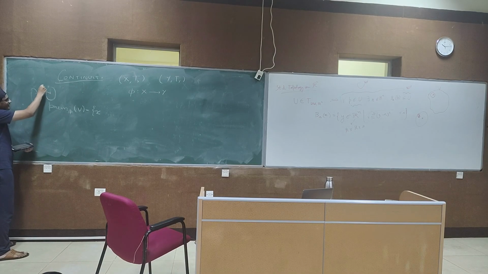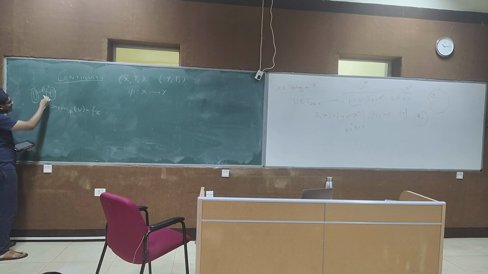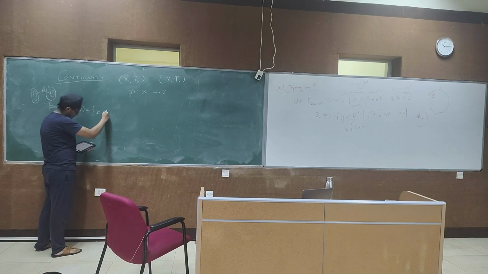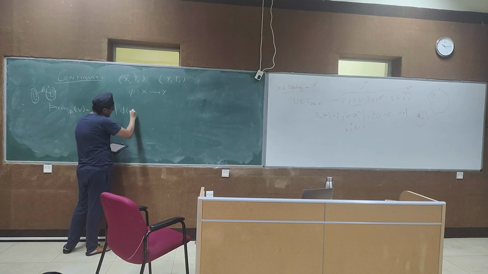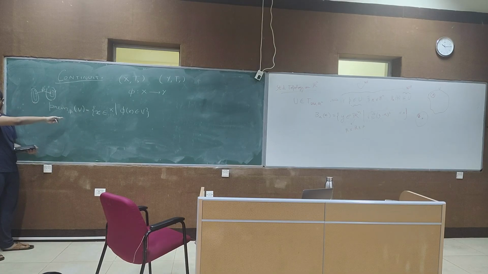You have a map here which maps from X to Y. So you take a set V here in Y, and you take all the points in X whose mapping gives you the set V. So it is a collection of all such x belonging to X such that phi of x belongs to V. Any doubts with this definition?